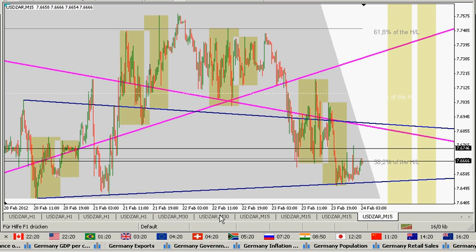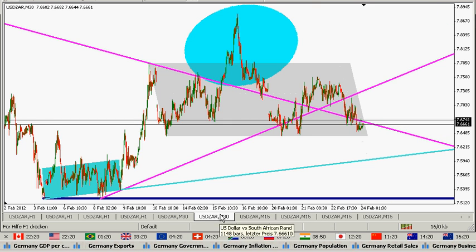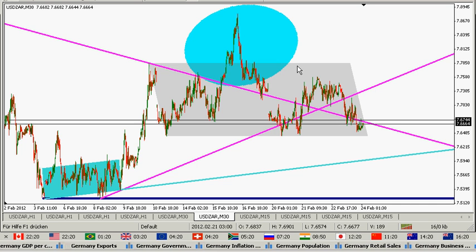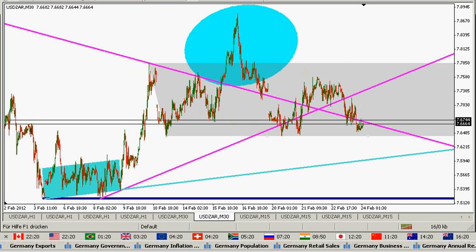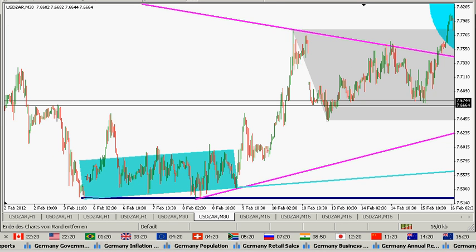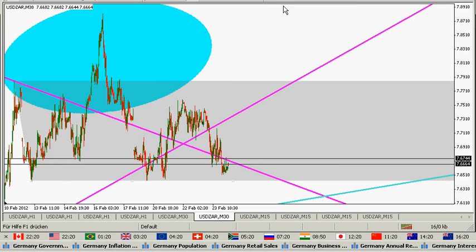Here once again, don't forget to create a stop here. By the way, this was the chart which I searched for. Yes, okay, here's the stop line.